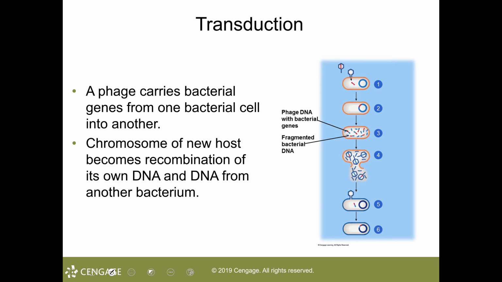With transduction, however, this happens when you have the bacterial DNA of one bacterium with the bacterial DNA of a second bacterium. In other words, class, a phage carries bacterial DNA from one bacterial cell into another, and then we have the chromosome of a new host that becomes a recombination of its own DNA and DNA from another bacterium.